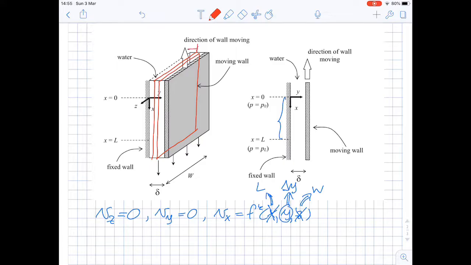So this is delta y, and full length of W and L.